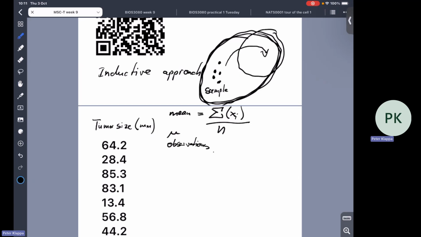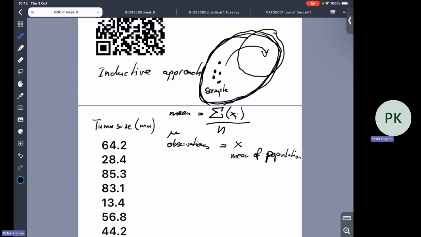And we say this is probably our best guess for the mean of the sample, or of the whole population.